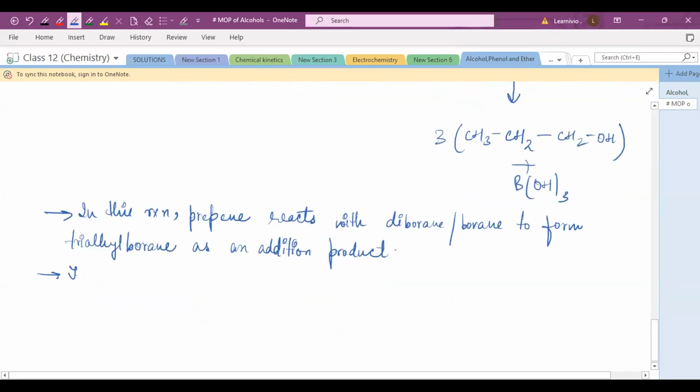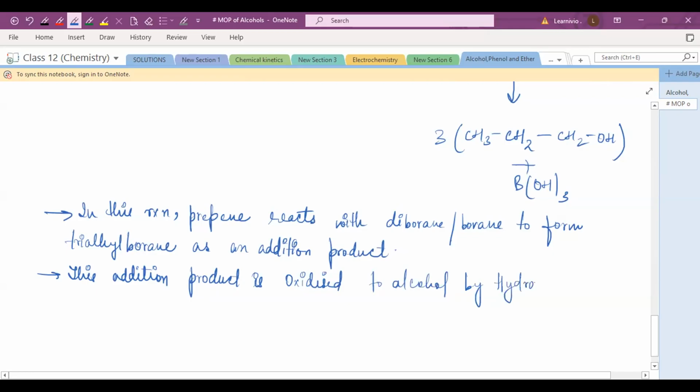Further, this addition product is oxidized to alcohol by hydrogen peroxide in the presence of aqueous sodium hydroxide.